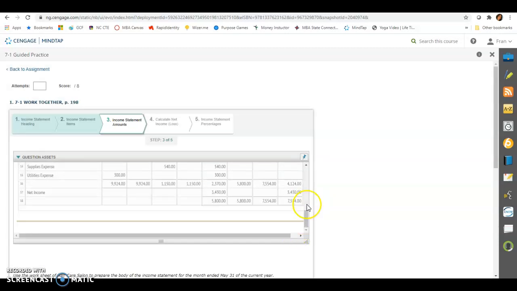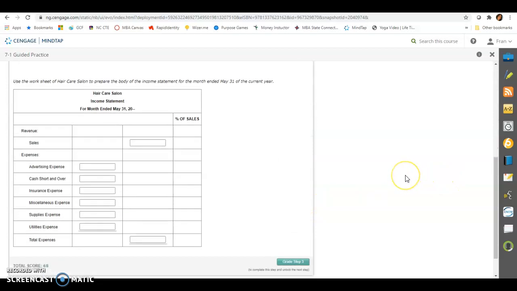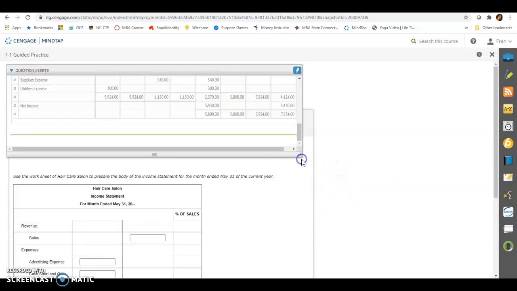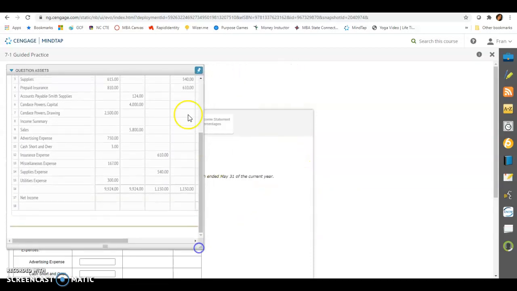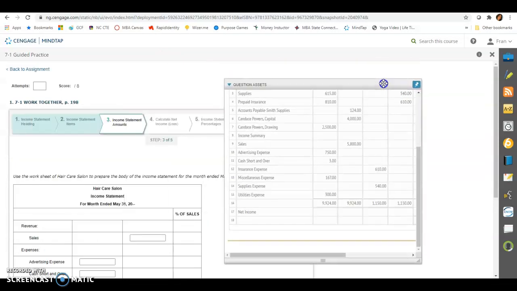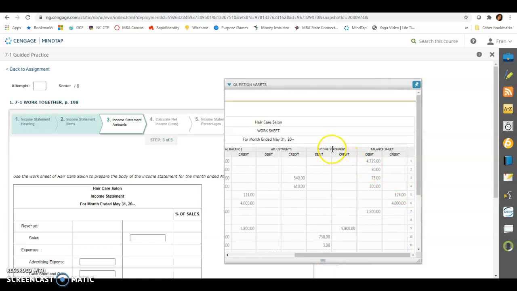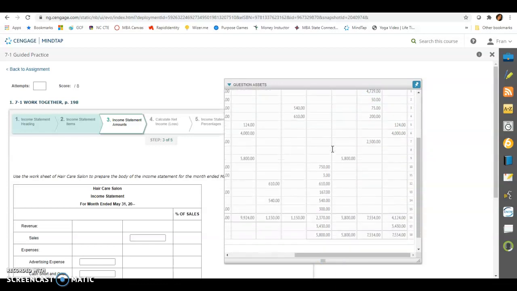This is going to be a very simple step right here. We're going to simply transfer the amounts on the worksheet onto the income statement. It's already basically done for us because here are the income statement columns.